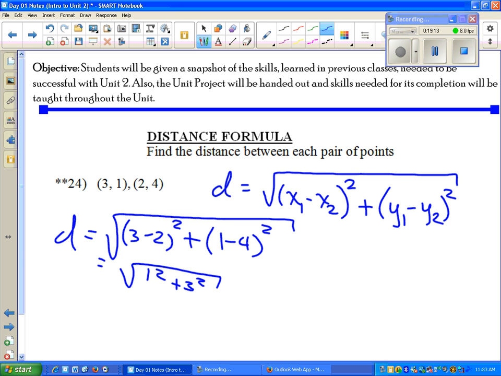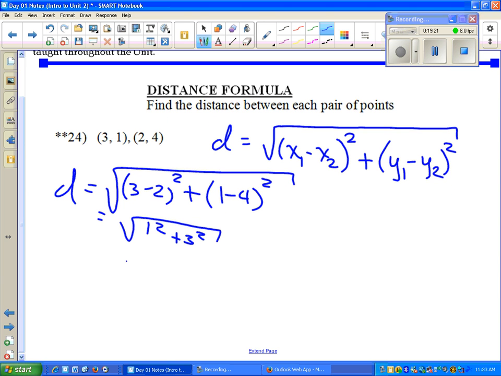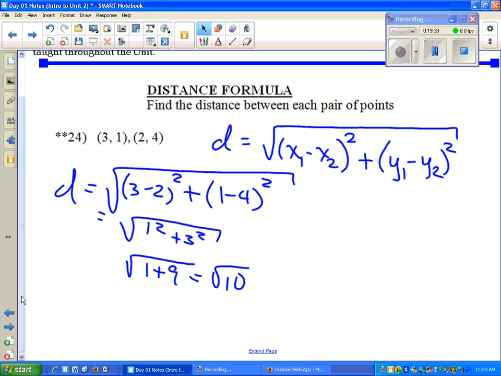Is that the same as 3 squared? Yeah, it's still 9. I cheated. Leave me alone. So this is the square root of 1 plus 9, which is the square root of 10. What's the square root of 10? About 3.0 something or 3.1 something.